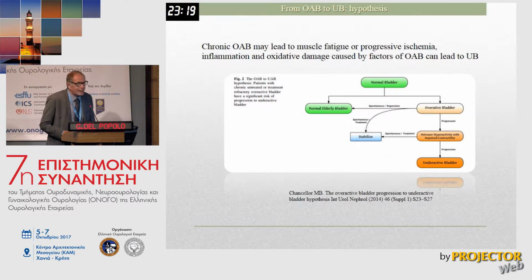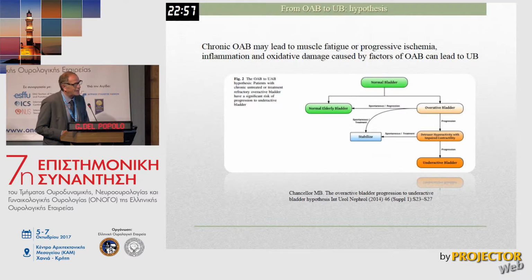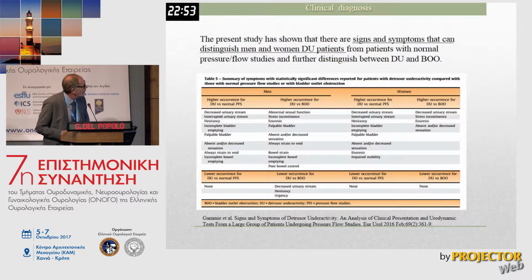So the hypothesis is that patients who will develop underactive bladder first have overactive symptoms, and over time it becomes underactive symptoms, the last stage of damage to detrusor function.